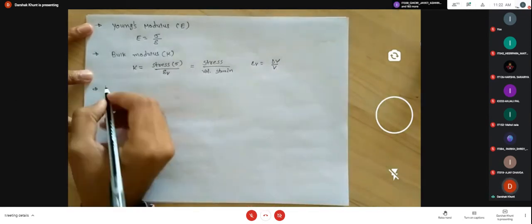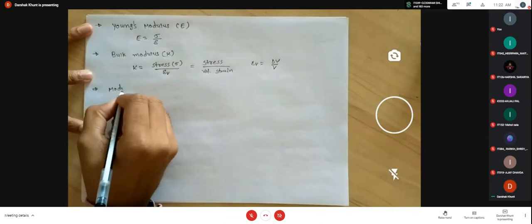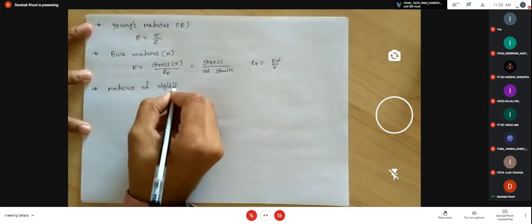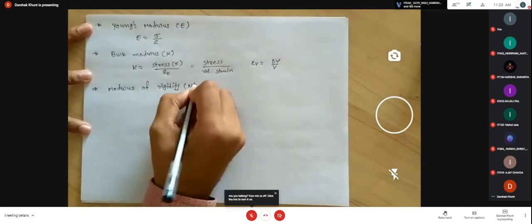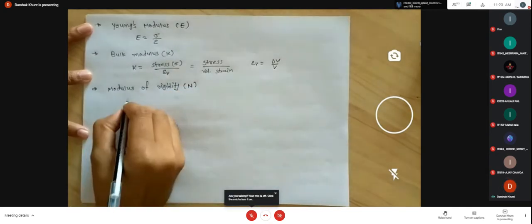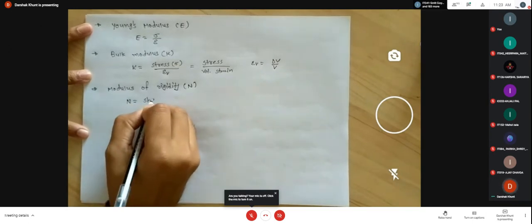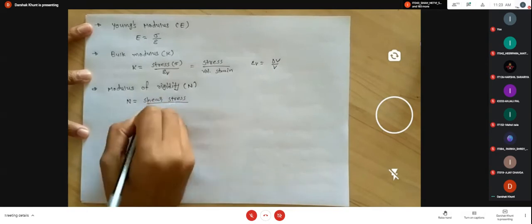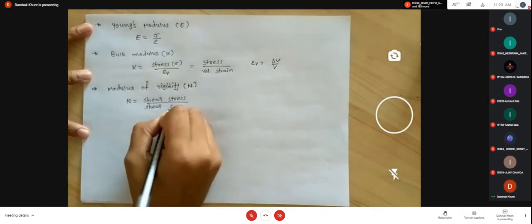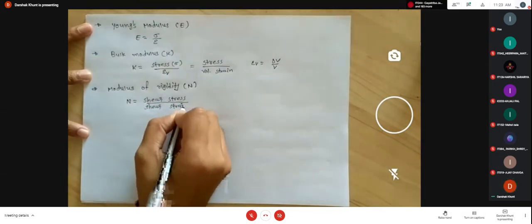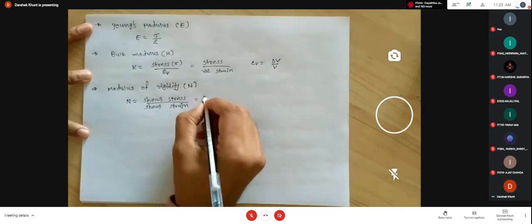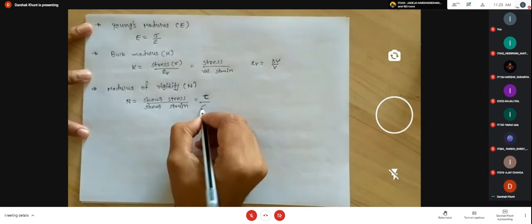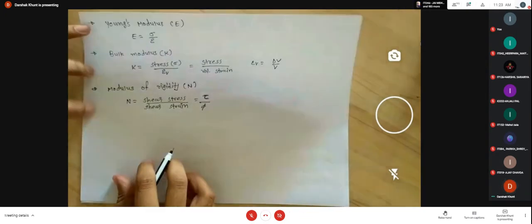And the third parameter is the modulus of rigidity. That is known as N. Here N relates to the shear strain. If any shear stresses act on an element, shear strain is defined by phi.